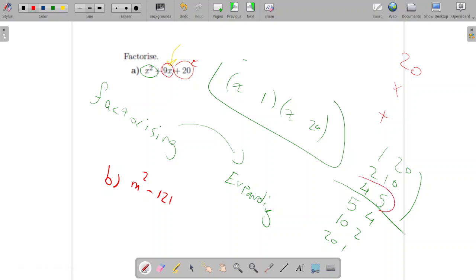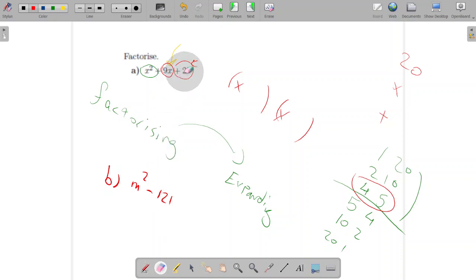Ideally, using your mathematical skills, you will understand that 4 and 5, when we multiply them, give us 20, and when we add them, give us 9. So 4 and 5 are going to be the numbers added to this bracket. So you say x here, and another thing to pay attention to is the sign of the number.